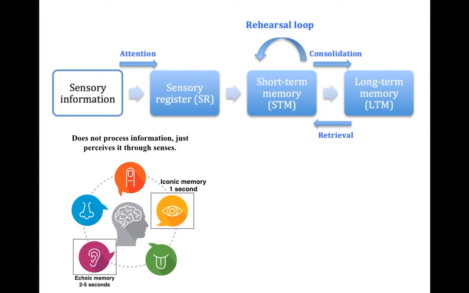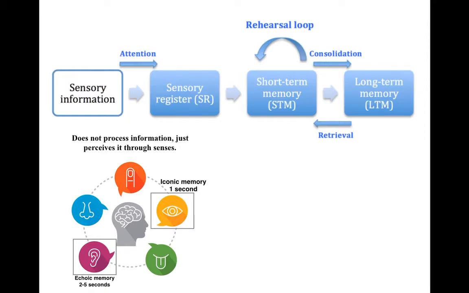Then it is likely that I will not even register or encode this information into my short-term memory, let alone into my long-term memory. Once I have paid attention to that information, it is encoded.